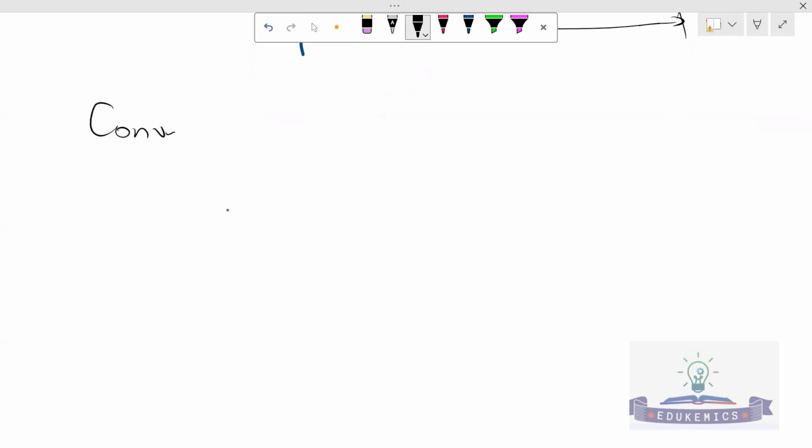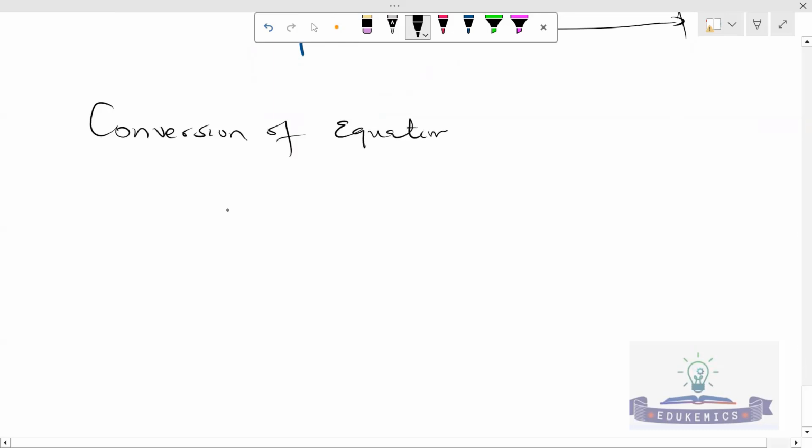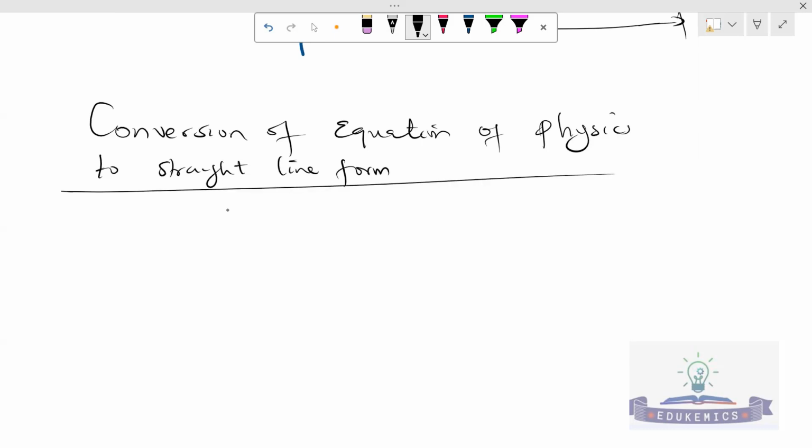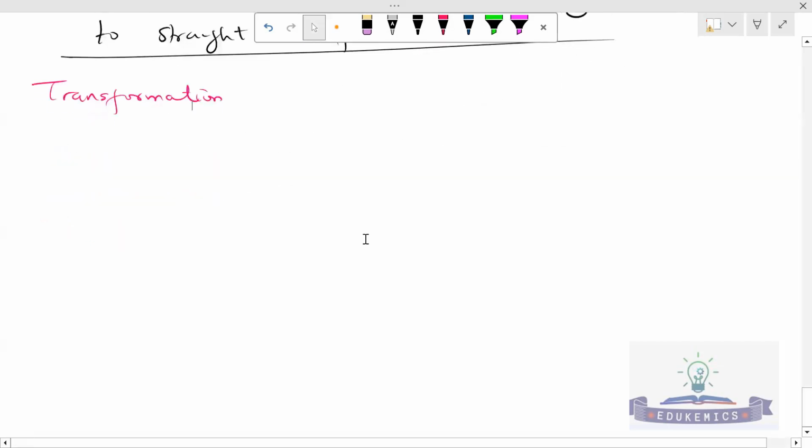Very, very important. This is a problem of transformation. We're transforming equations into a linear form. I'll give an example to help our understanding.